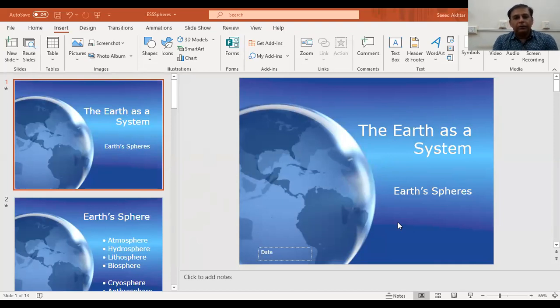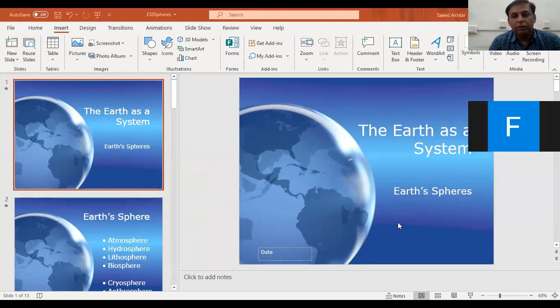Okay. So Earth contains different types of components, and we call these components the spheres of the Earth. Spheres are actually the regions where the environment differs from each other.